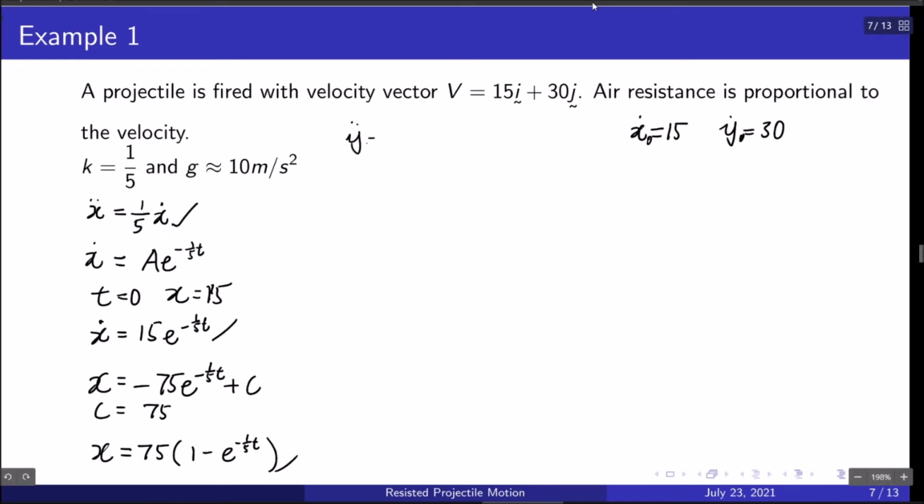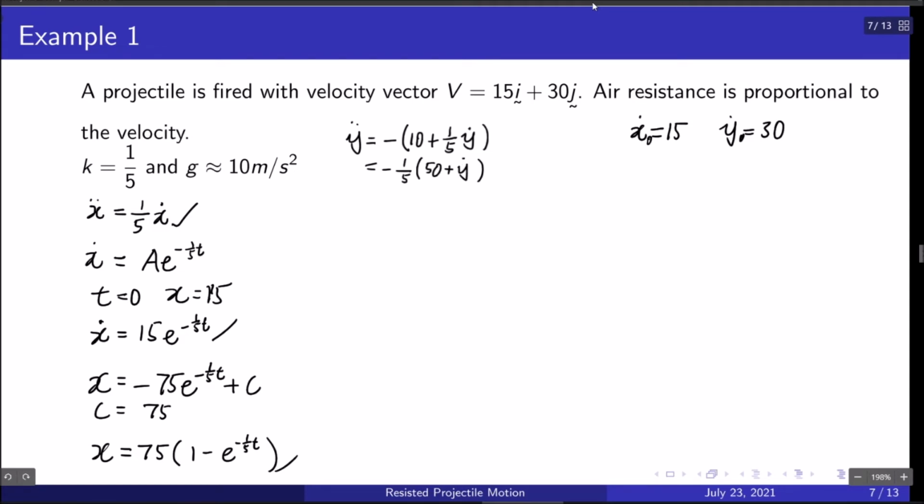y double dot, of course, equals negative 10 plus 1 over 5, so g plus almost 1 over 5 y dot. And then if we try to integrate this, I can factor out negative 1/5 and it becomes 50 plus y dot.